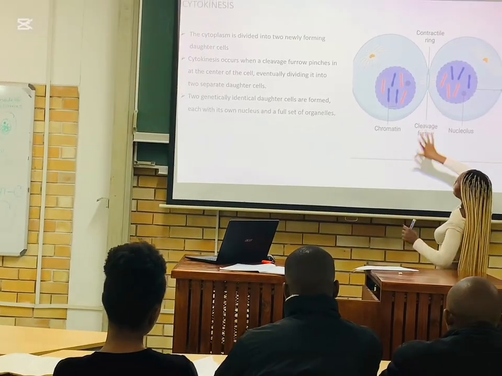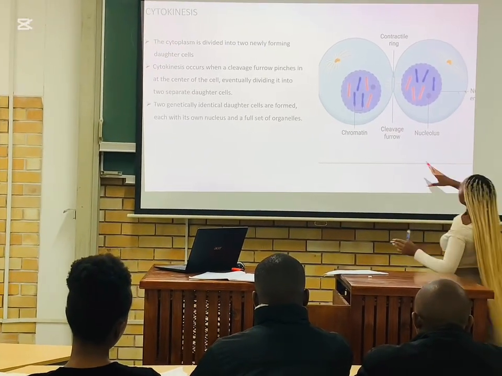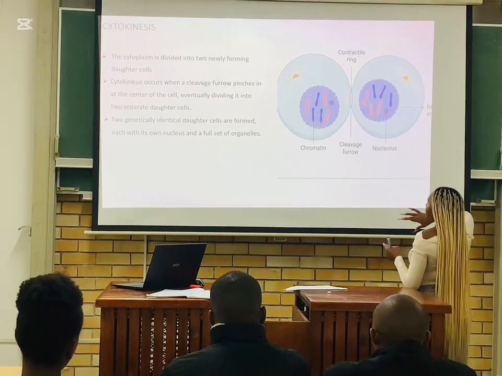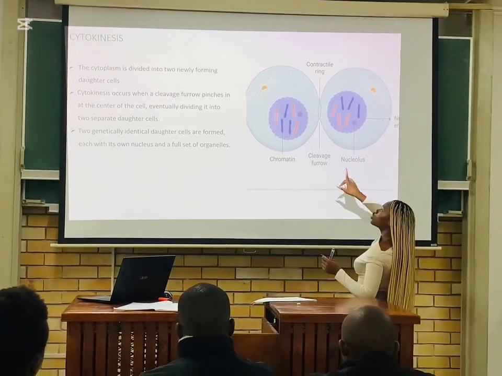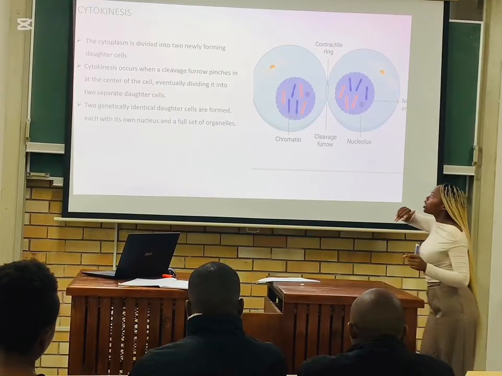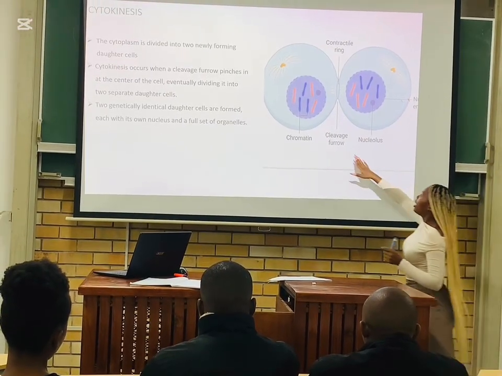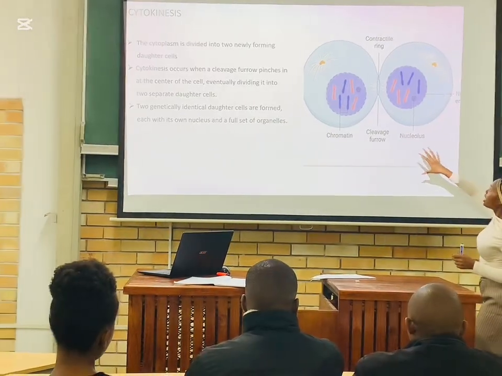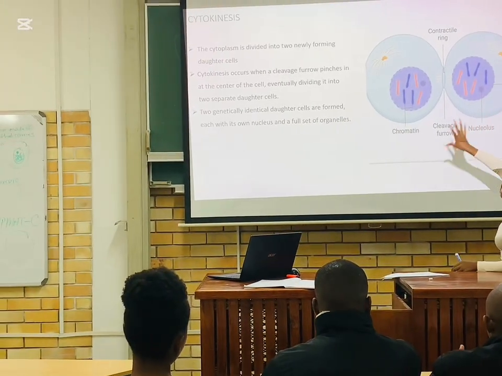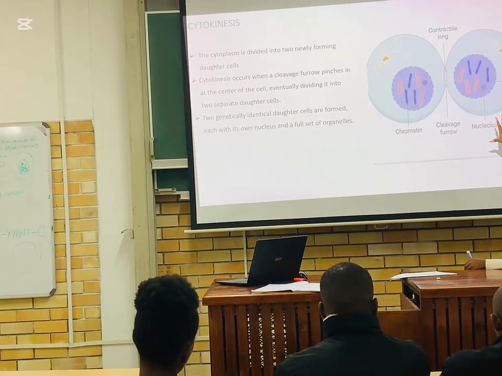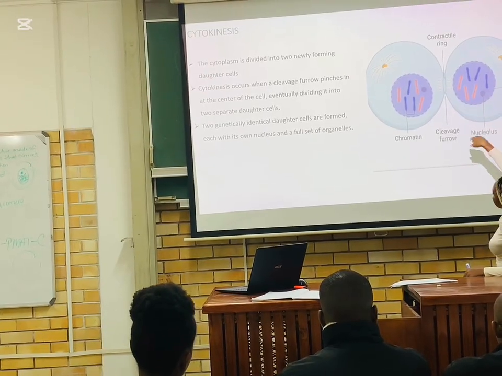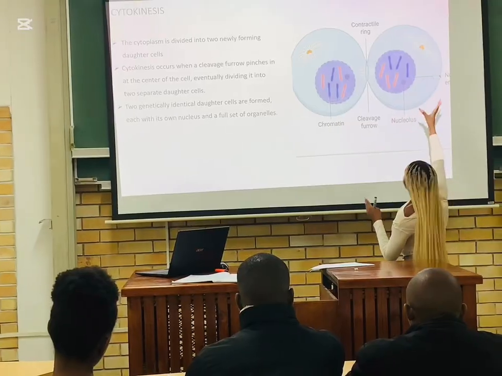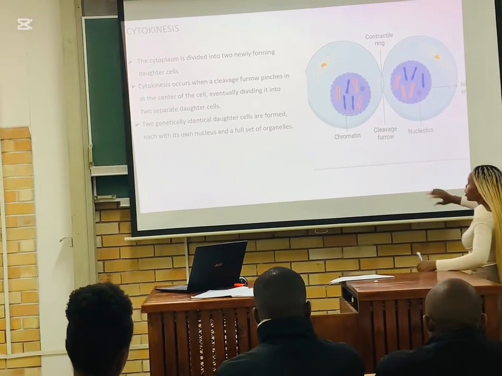So, cytokinesis occurs when a cleavage furrow pinches in at the center of the cell, eventually dividing it into two separate daughter cells. So, in which stage? In anaphase, the cleavage furrow formed. Now, at this stage, which is cytokinesis, it pinches in at the center of the cell and eventually divides it, forming two separate daughter cells.